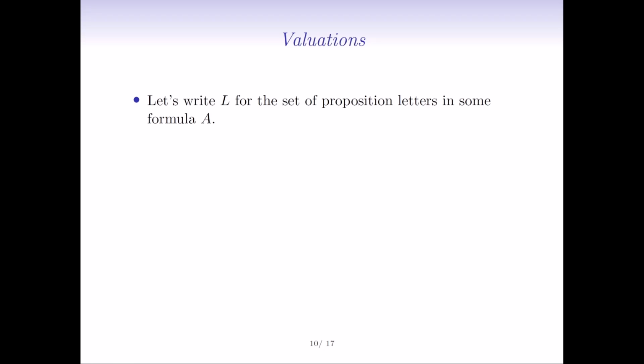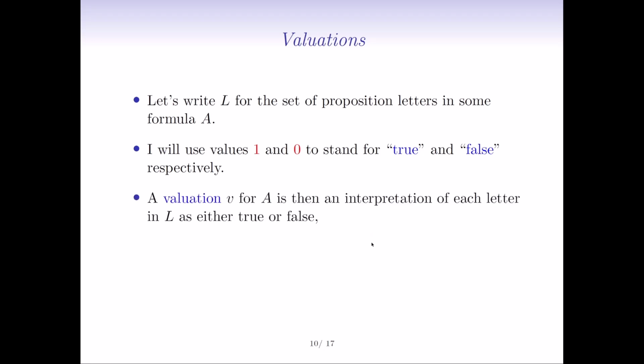So if I write the formula R implies S and P, then by L I really mean the set consisting of the letters R, S, and P. Also, because we're computer scientists, instead of writing true and false all the time, I'm going to use the value 1 to stand for true and the value 0 to stand for false. This is also exactly what is done in electronics, so it makes sense from that point of view.